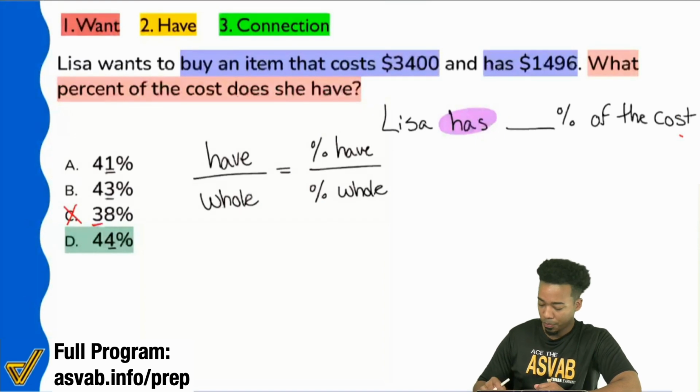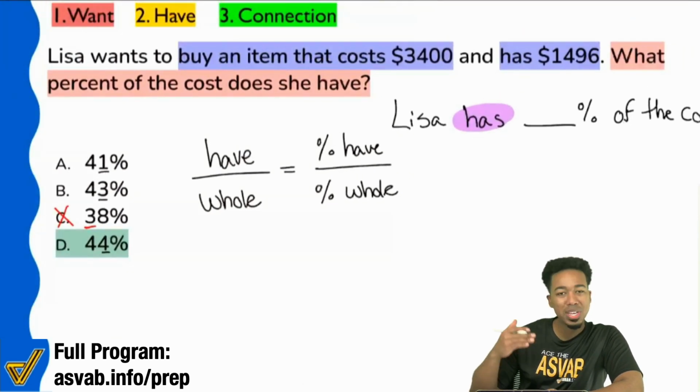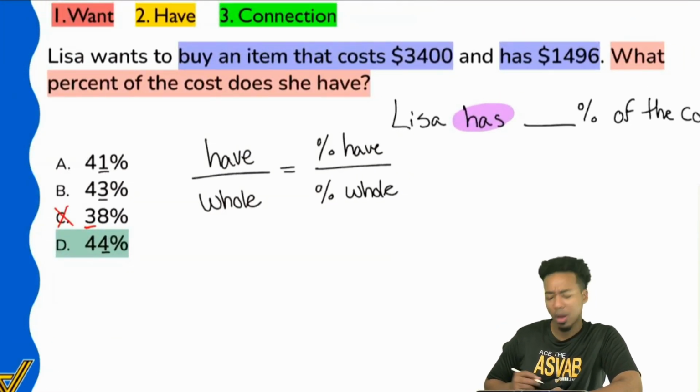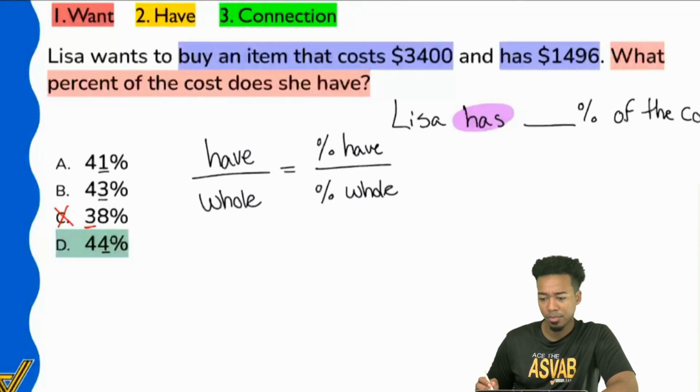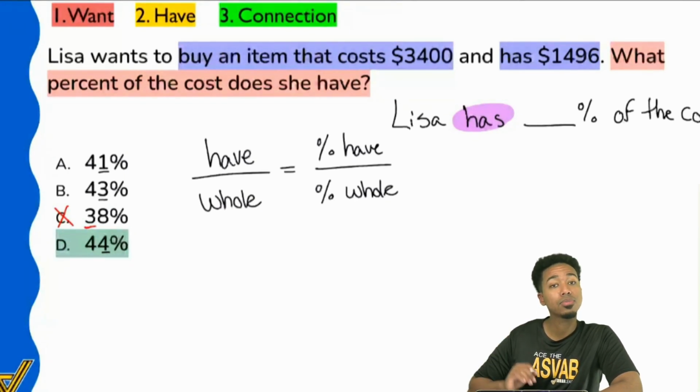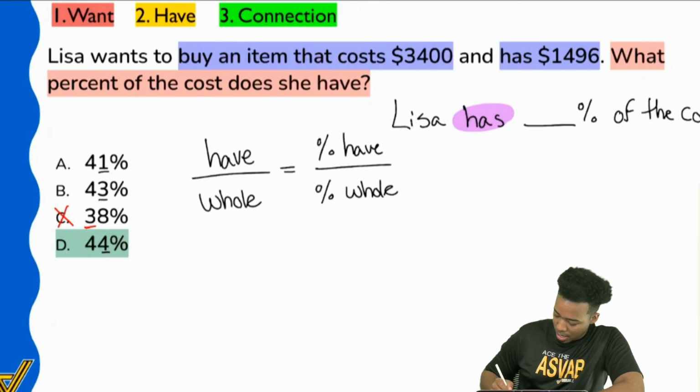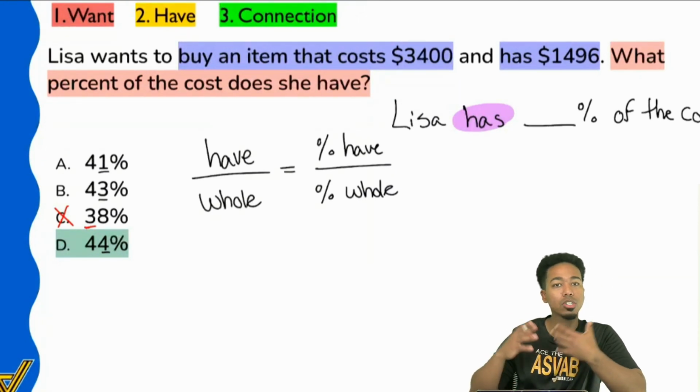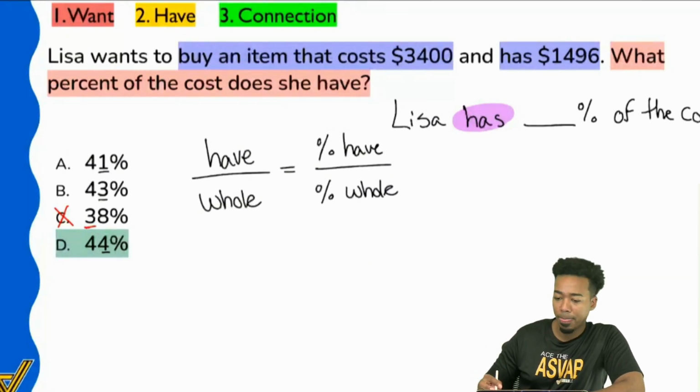Look at this. Everybody, what dollar amount do we have again? What dollar amount was it? Right, we have 1,496. And what is the whole, how much does the whole item cost? 3,400. So let's write that down here.